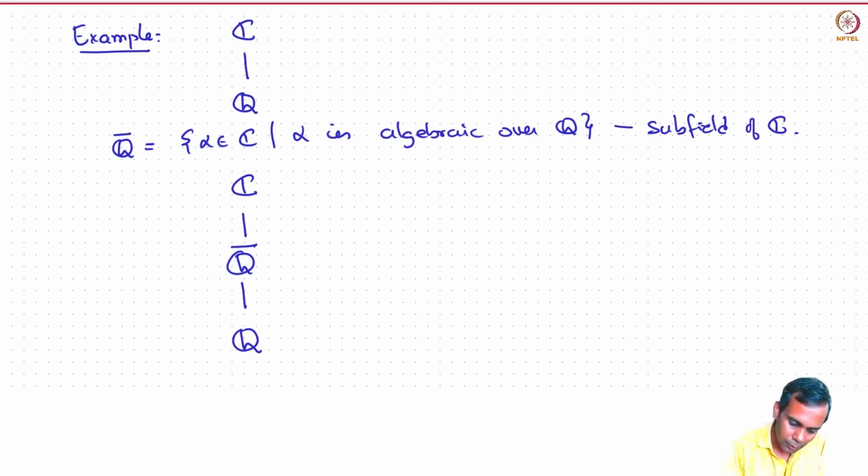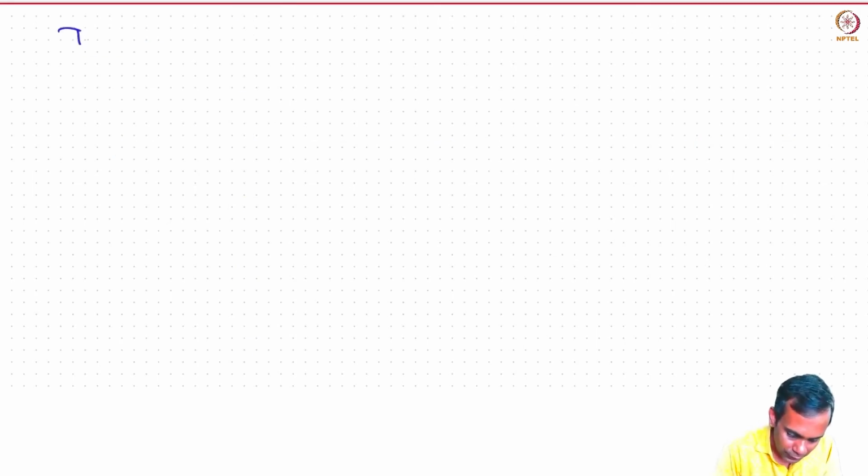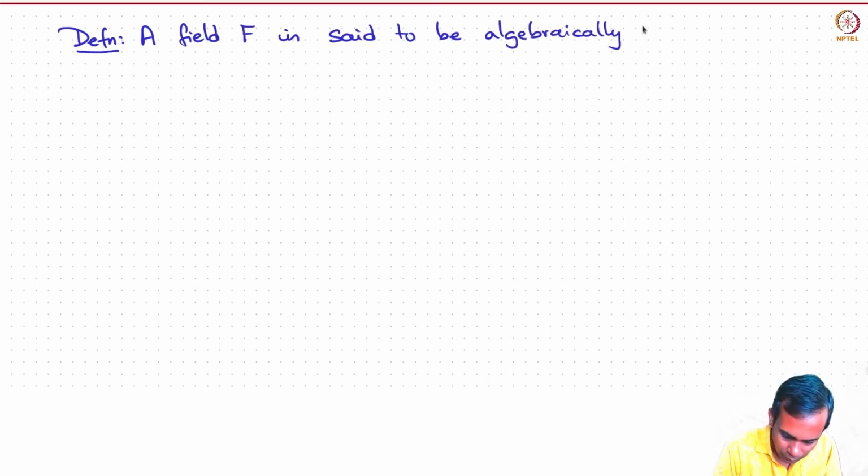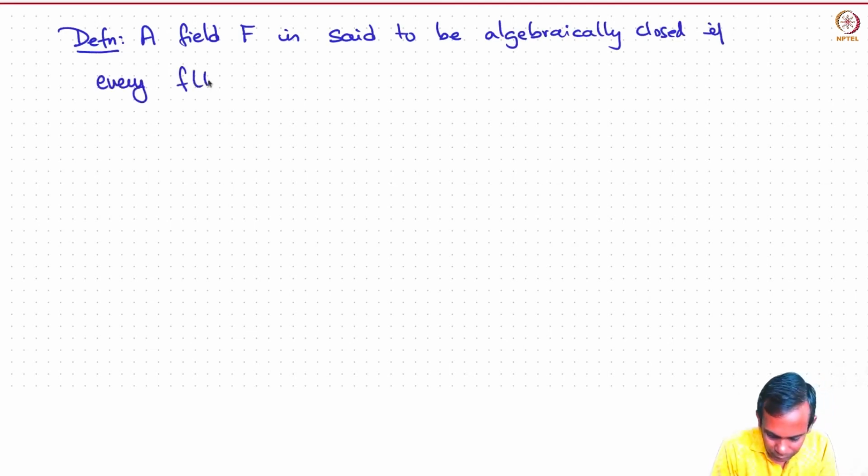Now let's talk about algebraically closed fields. So definition: a field F is said to be algebraically closed if every polynomial with coefficients in F is a product of linear factors.